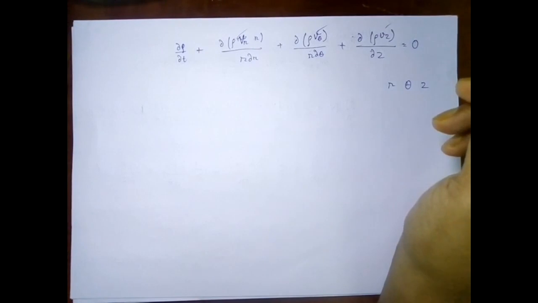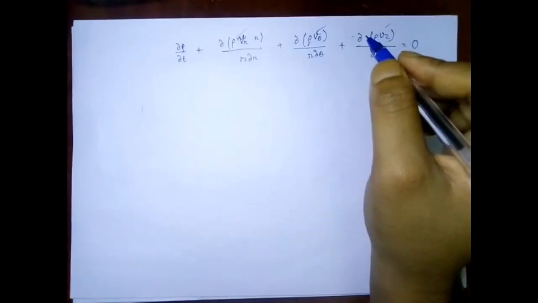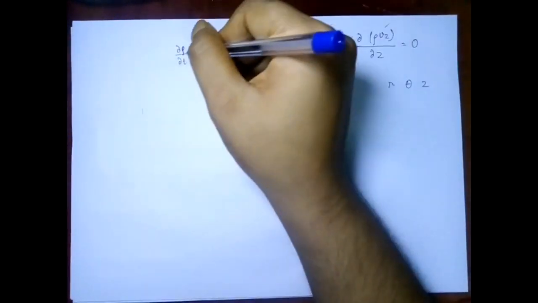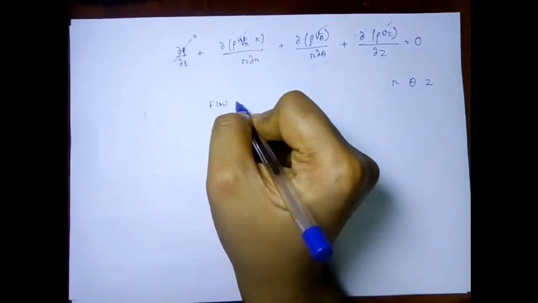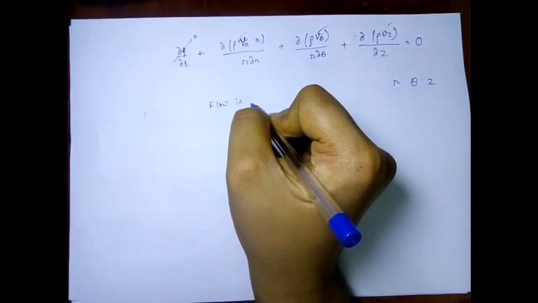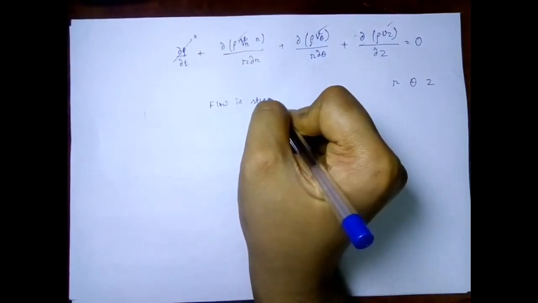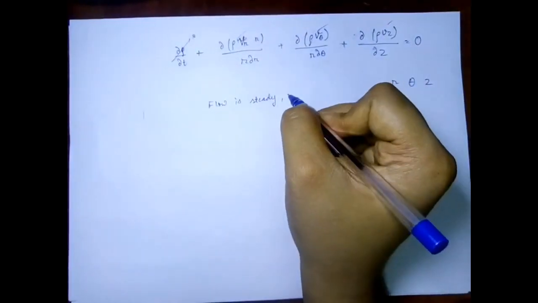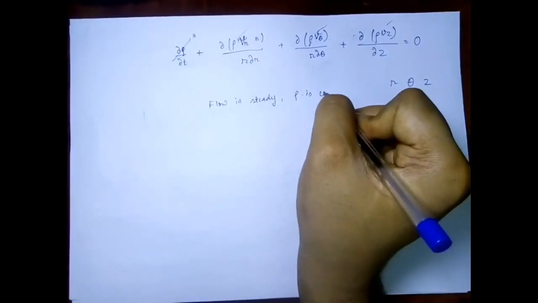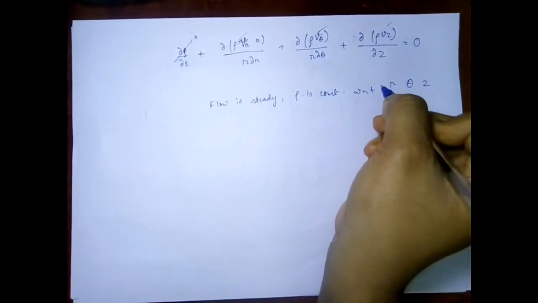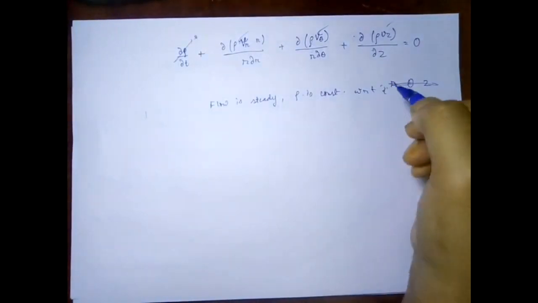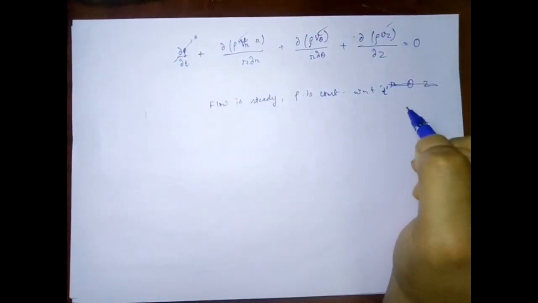So for a steady flow, we know that rho is constant with respect to time, so we can eliminate this term because the flow is steady, and rho is constant with respect to time.